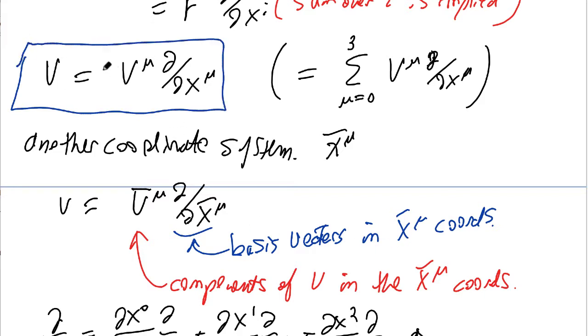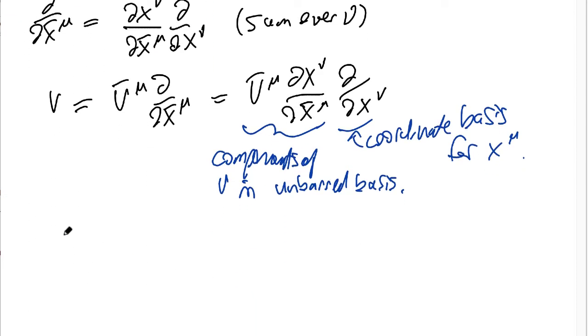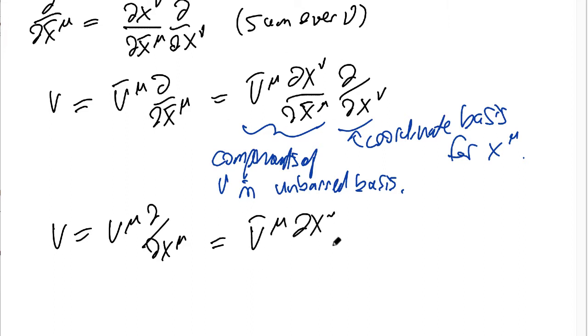Okay, so by just equating these two expressions for v, we have v^mu d by dx^mu is, now just repeating this, v bar mu dx^nu by dx bar mu d by dx^nu.